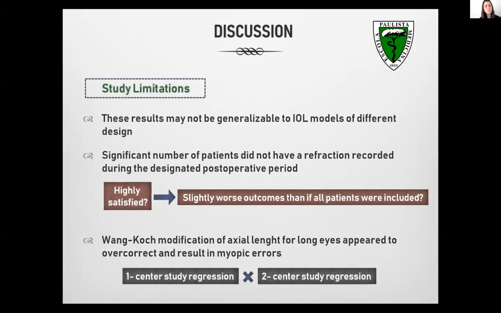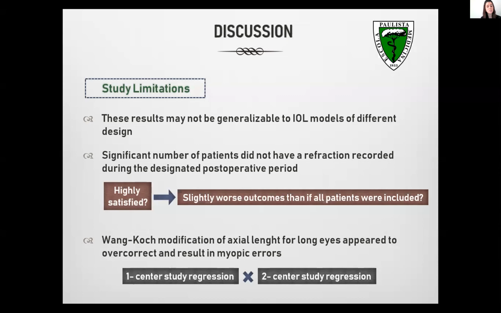A notable limitation of the study was also the significant number of patients that did not have a refraction recorded during the designated postoperative period. Some of these patients saw an optometrist outside of the health plan, but the authors also suspected that some of them did not return for the normally scheduled examination because they were highly satisfied with their refractive outcome without spectacles.